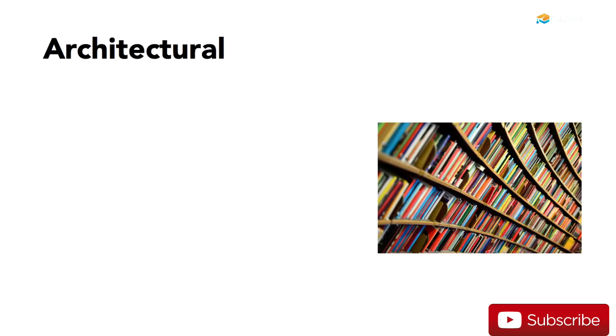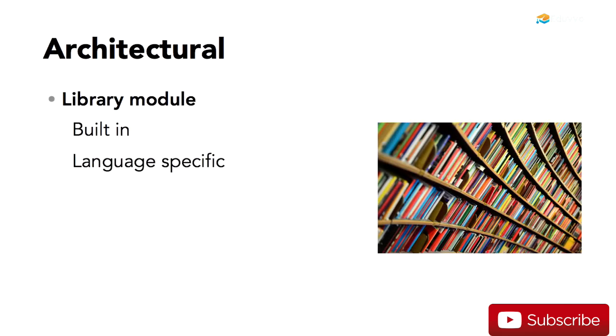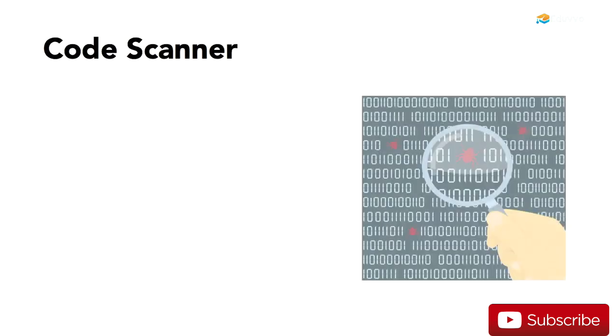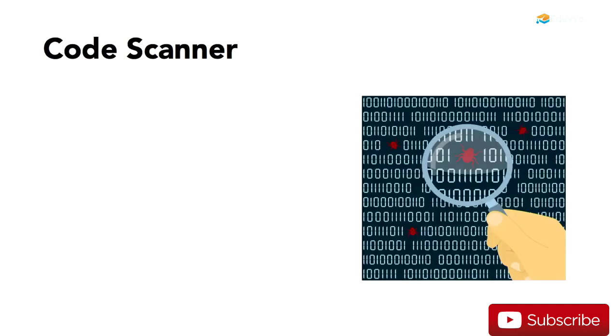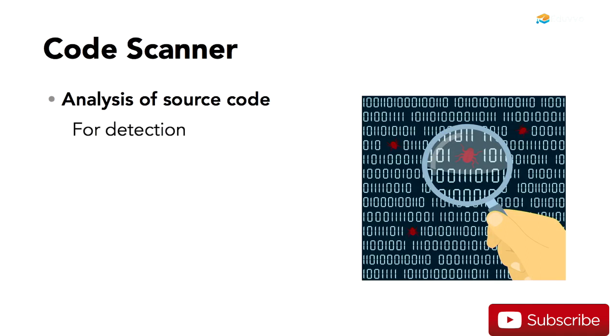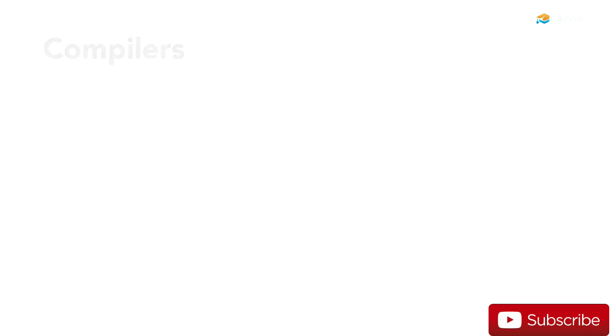A better solution is architectural and to use a built-in language-specific library module that implements input validation in the form of safe buffer handling. To check if there are any missed opportunities for properly managing the buffers, it is recommended to use a code scanning tool to detect the presence of any buffer overflow vulnerabilities.